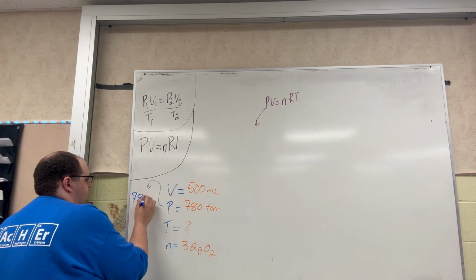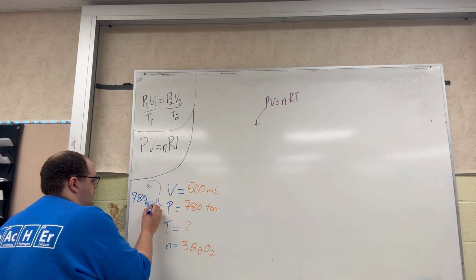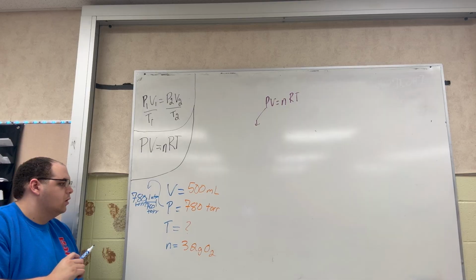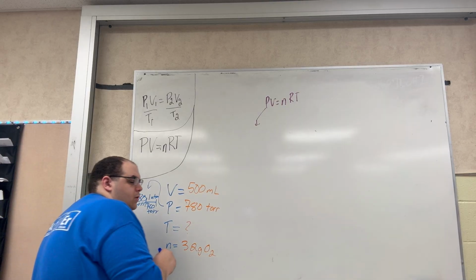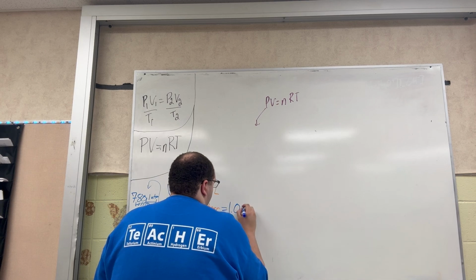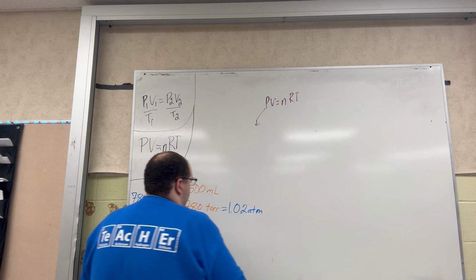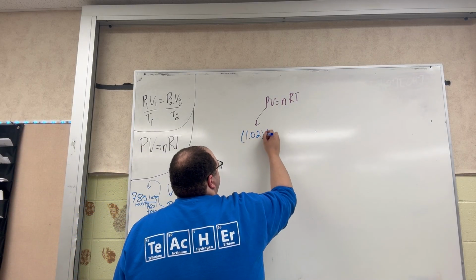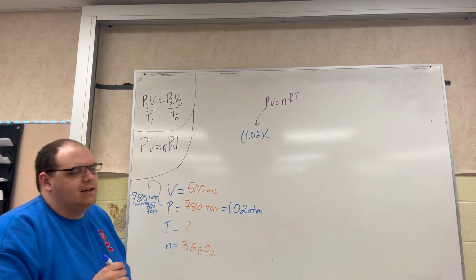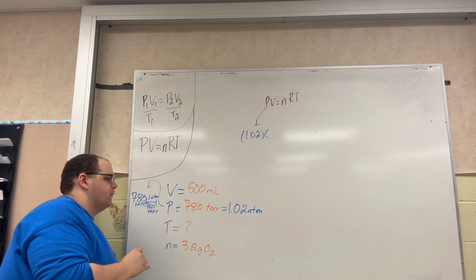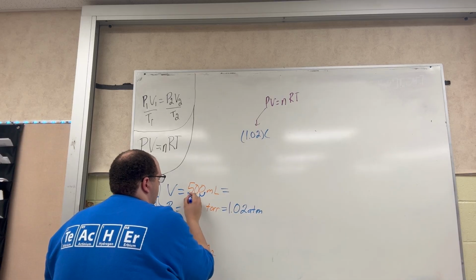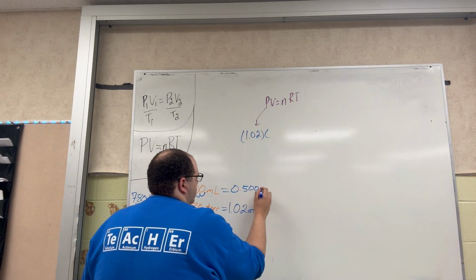We use a little dimensional analysis, like so. What do you say? 1.02? Yeah. To get 1.02 atmospheres. My volume is currently in milliliters, but I need that in liters, so I can divide by 1,000, or 3 spots back for my decimal, and I get 0.500 liters.